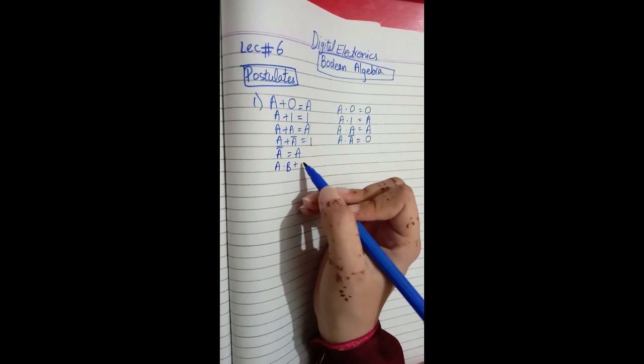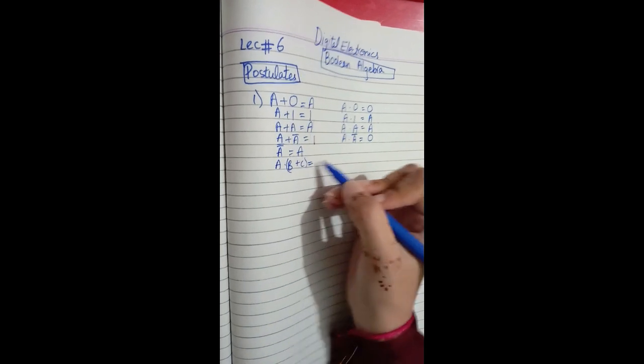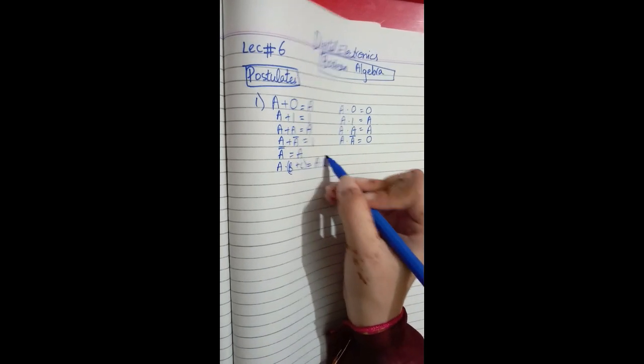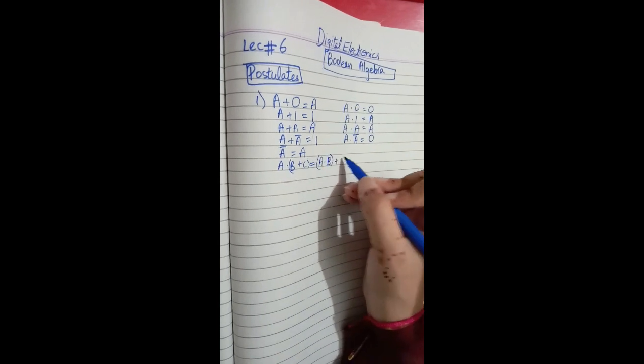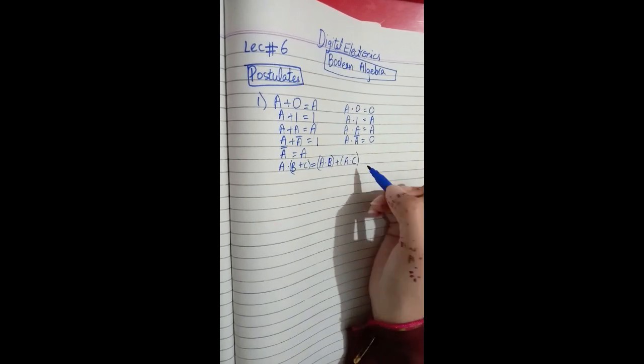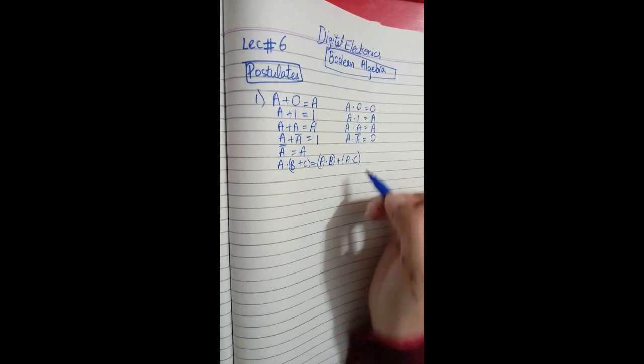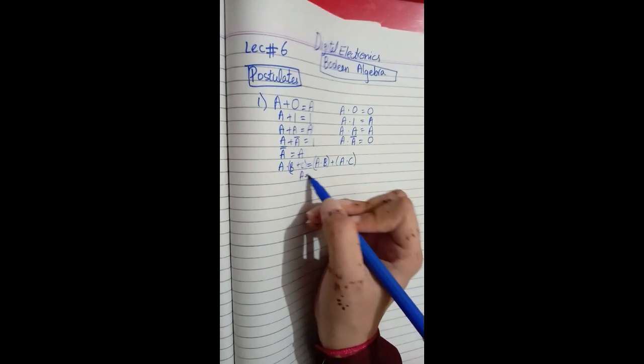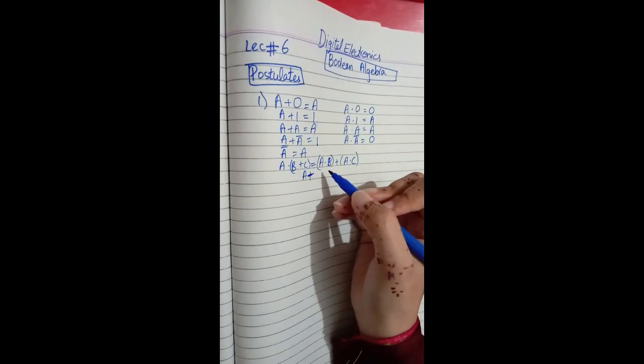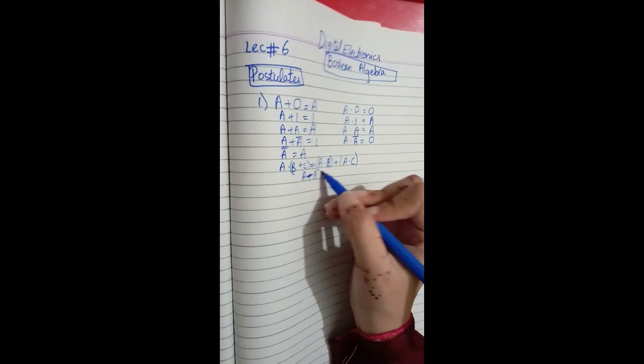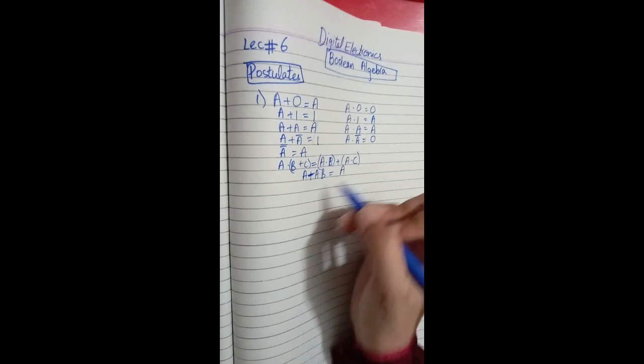A dot (B plus C) is equal to A dot B plus A dot C. We can prove these postulates. This is not a difficult task. I will do one or two for you, and the rest you will do by yourself.